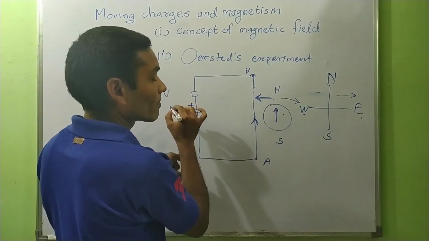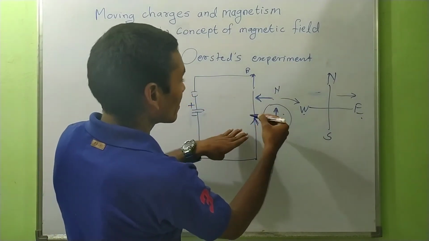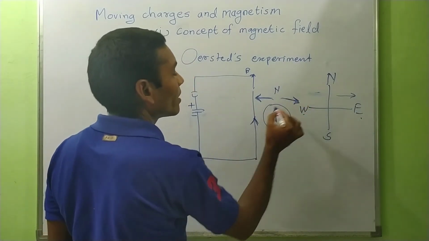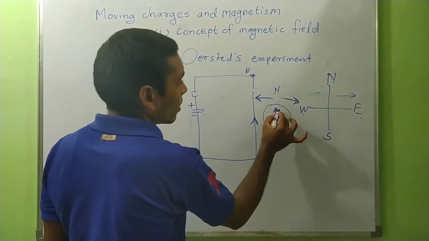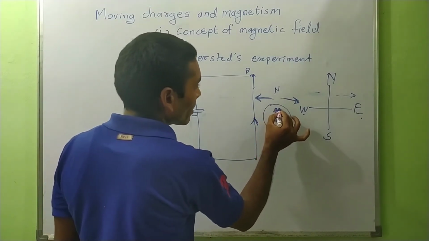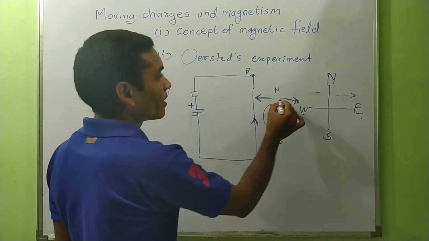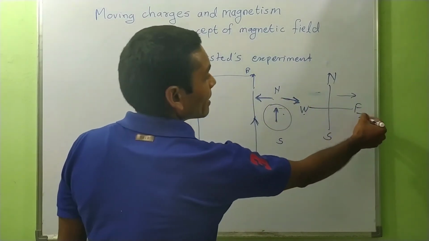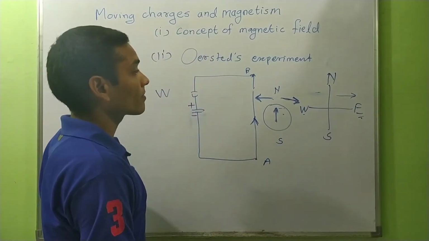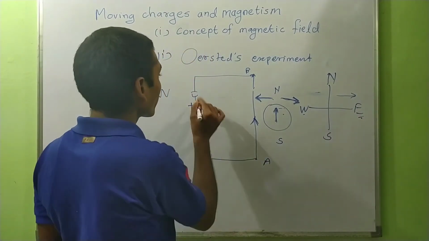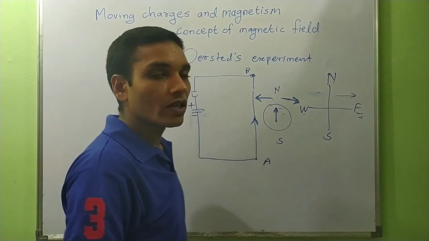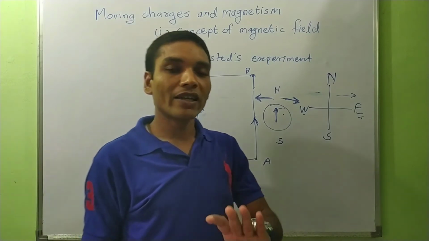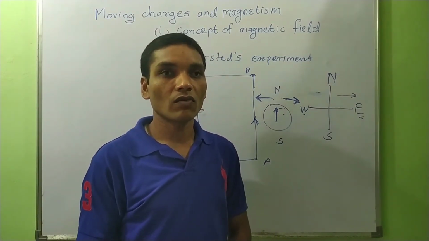And if it is placed under the conductor, then the north pole of the magnetic needle deflects away from the conductor, means towards the east direction. Okay, and if the current is not flowing through the conductor, then the deflection in the magnetic needle is 0.